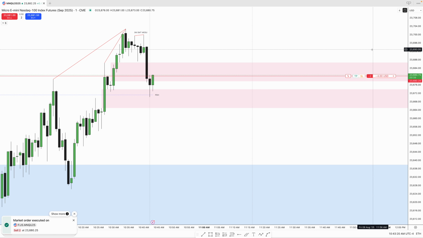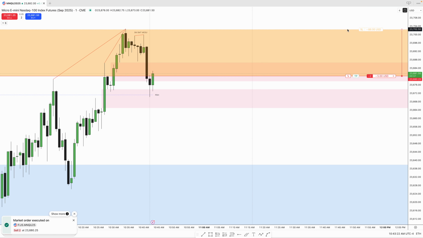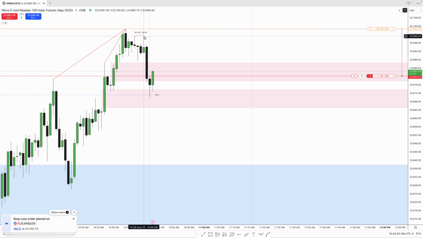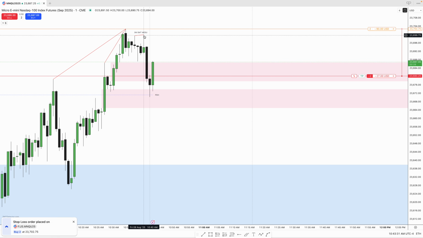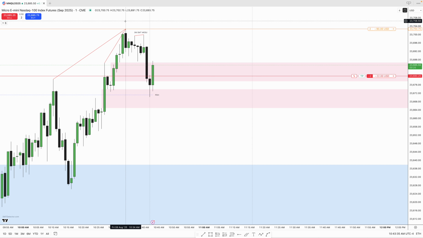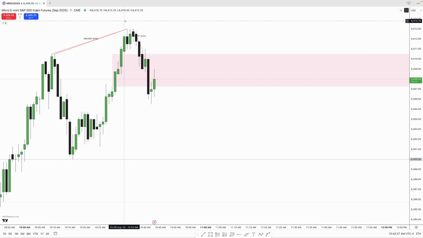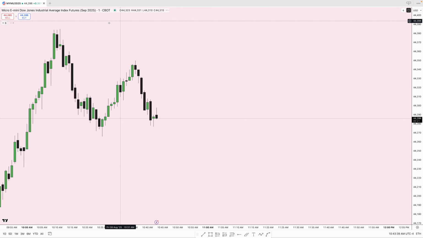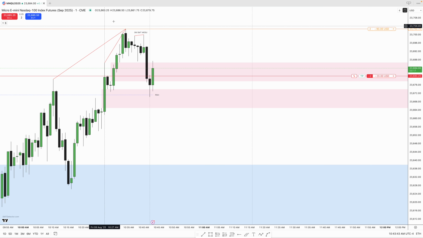Okay, I'm short. Stop can go here, or it could also go here now that we've displaced below. We have SMT at the SMR. 1034 is the high. 1011 is the high on YM.